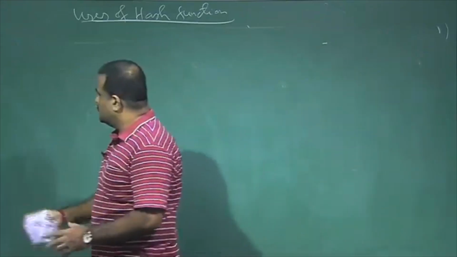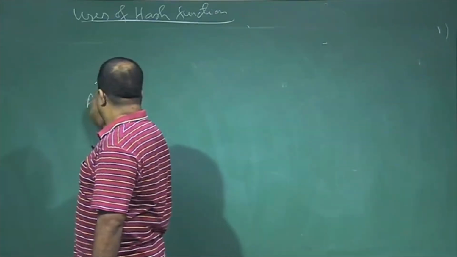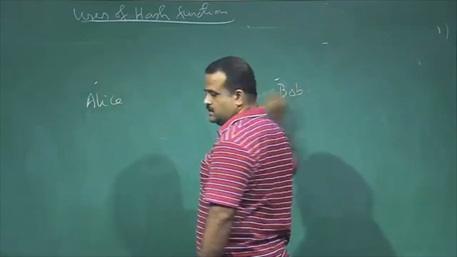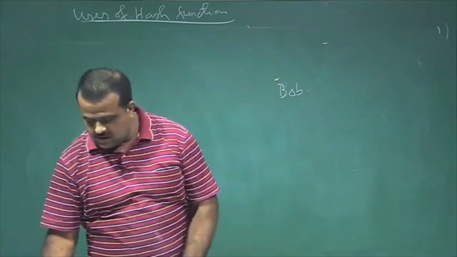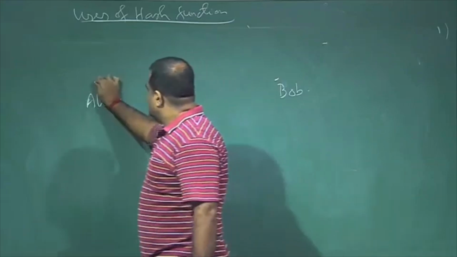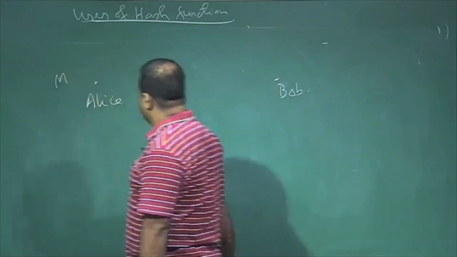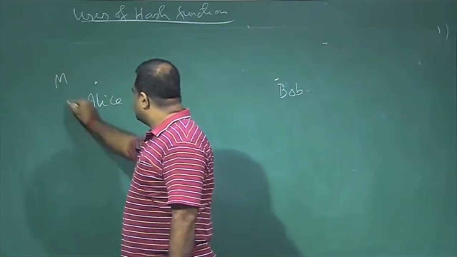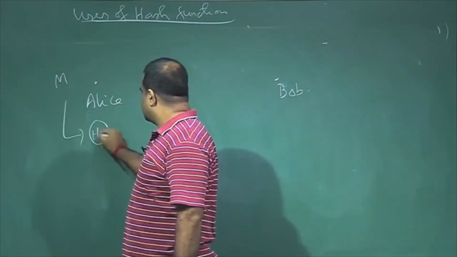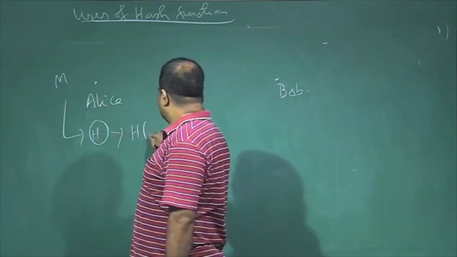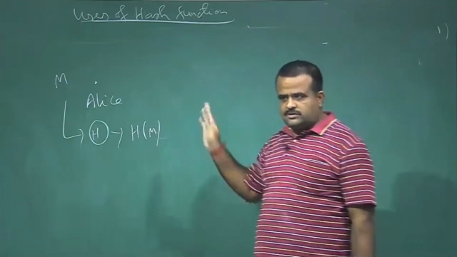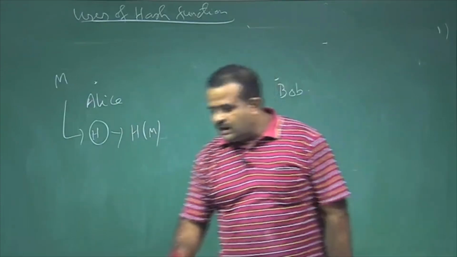The next use is, say, so what we are doing. Alice has the message, and Alice wants to send it to Bob. So, Alice applies this hash function H and generates the H of M, and H of M is reduced size. This is also a symmetric key setup.